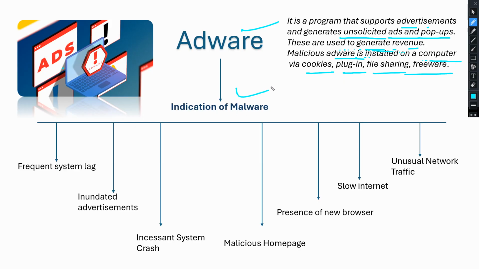Indications of malware. How to identify whether there is malware or not? First is frequent system lagging. Your system will start lagging. Then inundated advertisements, incessant crashes, malicious homepage, presence of a new browser, slow internet, unusual network traffic.